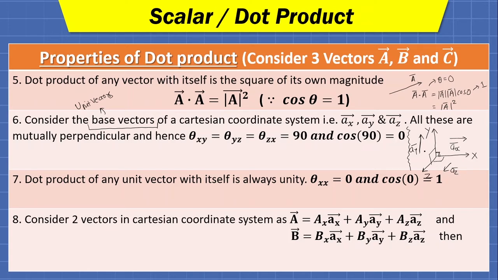So these three vectors which show the direction of the principal axes of any coordinate system are called base vectors. Fine. So unit vectors which show the direction of principal axis.